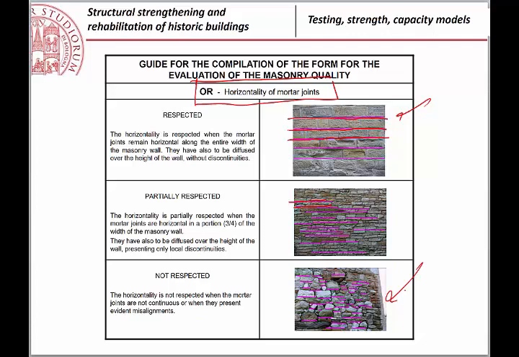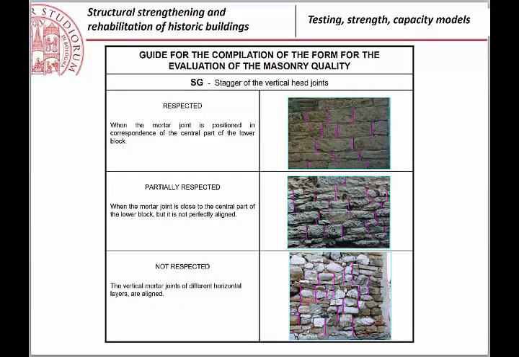But of course, with different sizes, you can have, for example, as you see here, 2 blocks of equal size, but then you have small blocks here, etc. So the first case is whether it is respected, partially or not respected, and then you have to judge this as a technician. Vertical joints are also very important.